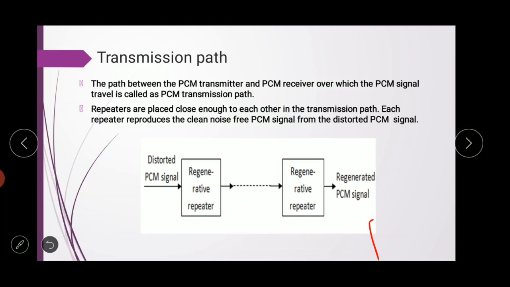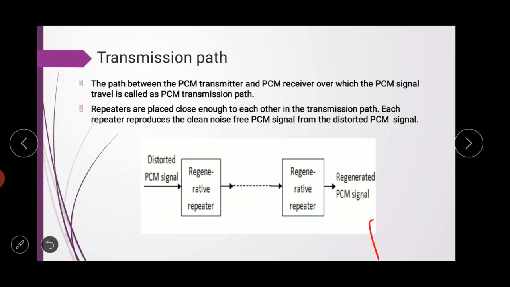Such repeaters are placed close enough to each other on the transmission path. Each repeater reproduces the clean noise-free PCM signal from the received distorted PCM signal. Because of that reproduction it is known as a regenerative repeater.